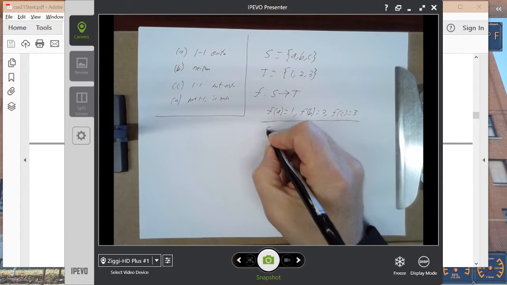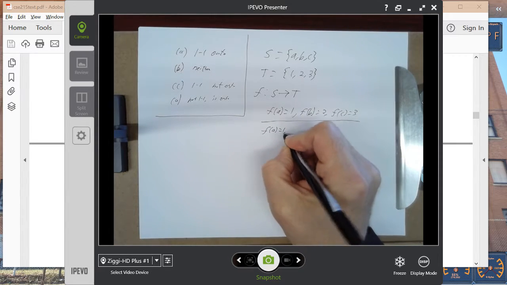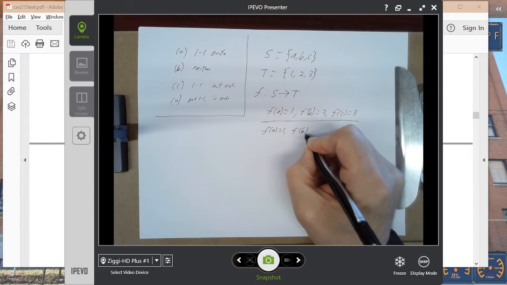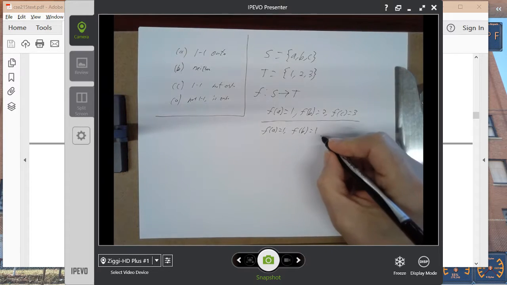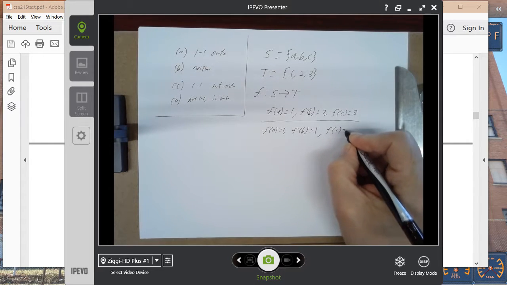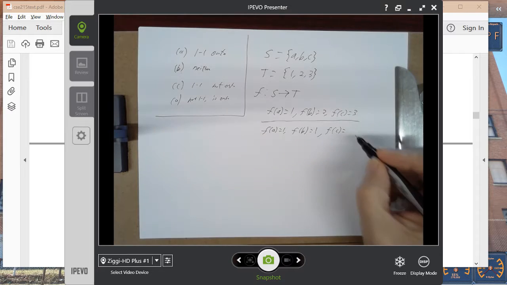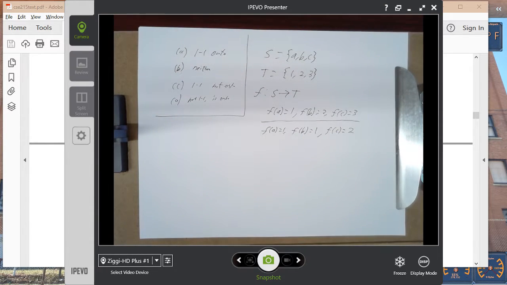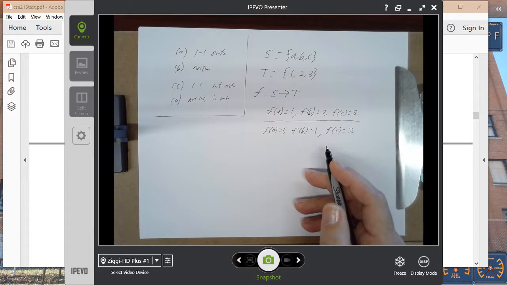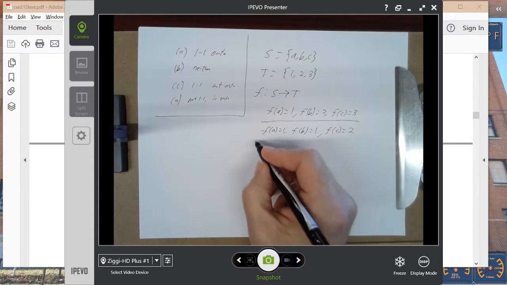So suppose we said f of A equals 1 and f of B also equals 1. Right there, it's not injective anymore. And it turns out, whatever we map C to, whether it's 2 or 3, we're still going to be missing one of these elements in T. So this is not surjective either, right?